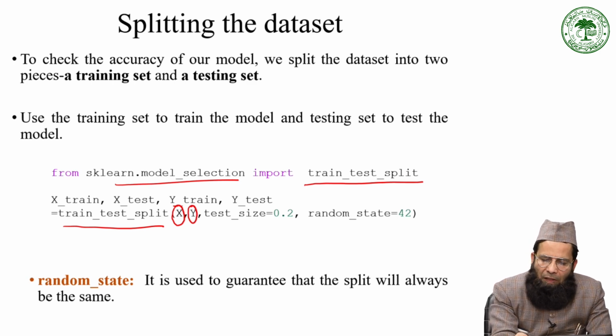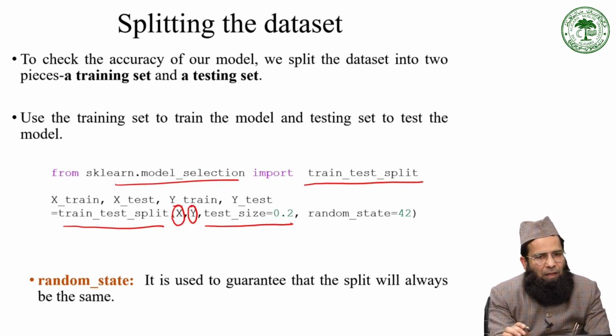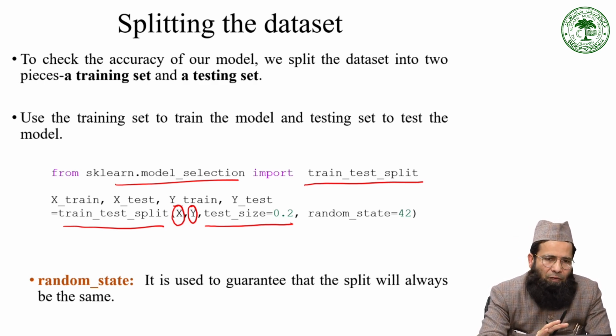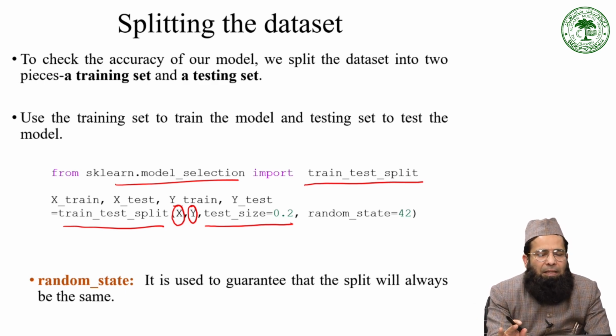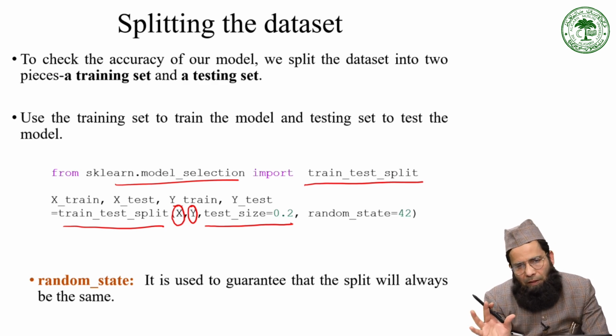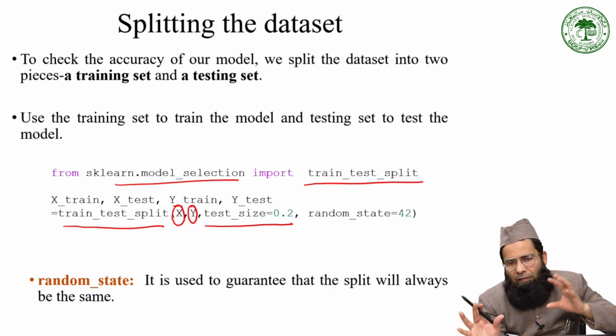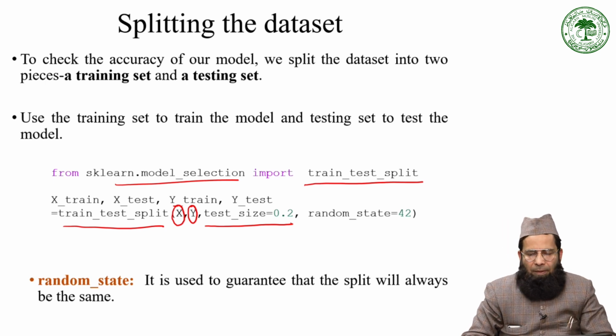Then we use test size as 0.2. It means the training size would be 80%, so the training records would be 80% and test records would be 20%. We reserve 20% of records as the test size.